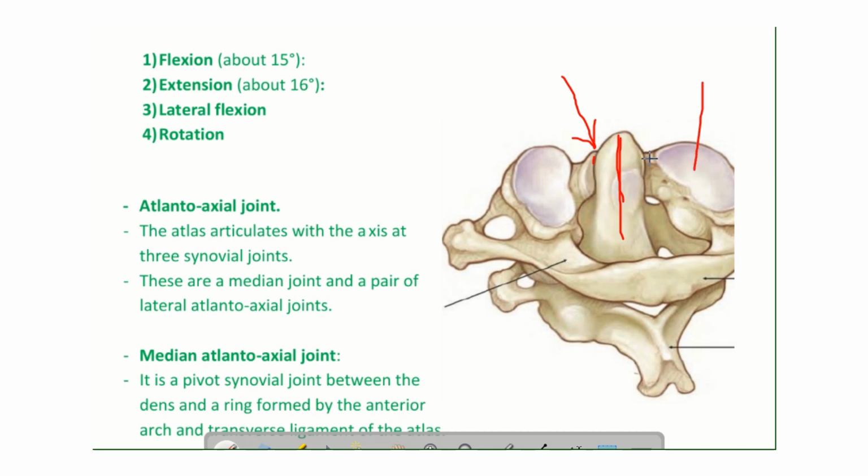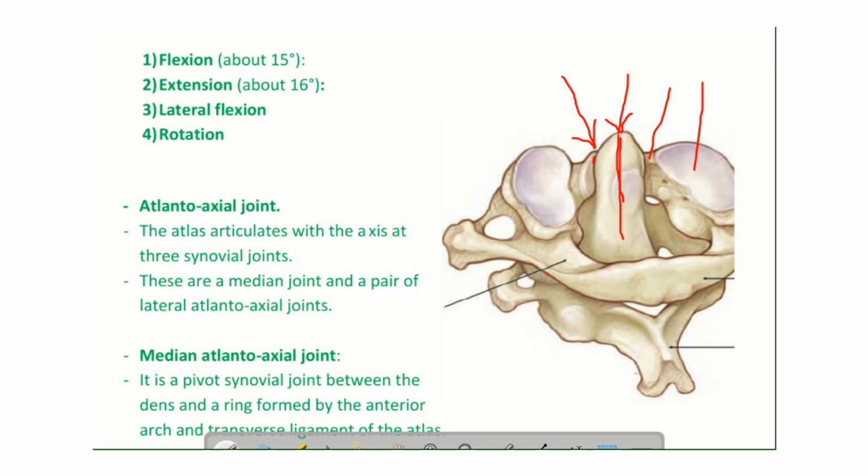This is the anterior arch. This is the dens. It articulates with the back of the anterior arch of the atlas as the median atlanto-axial joint. A synovial joint of pivot variety.